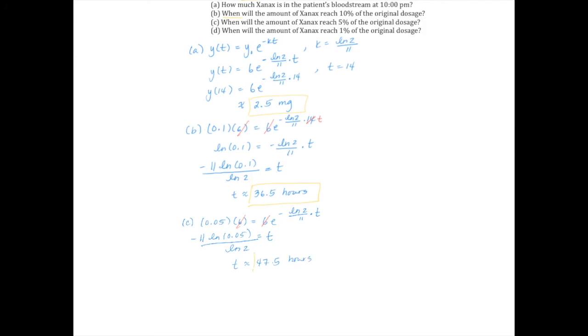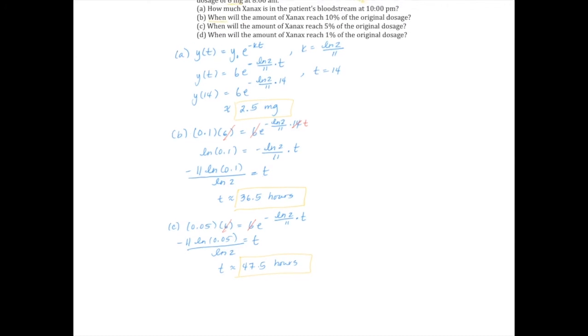All right, and then the last piece, which I think I am going to squish in here, would be D. When will the amount of Xanax reach 1% of the original dosage? So again, exact same thing as we did before, but it's 0.01.